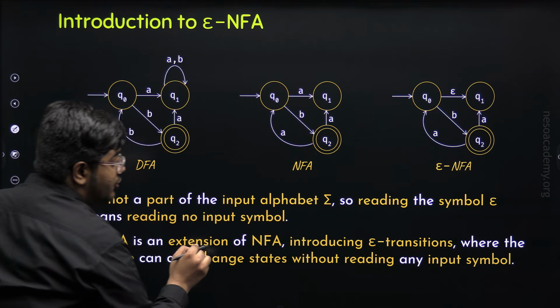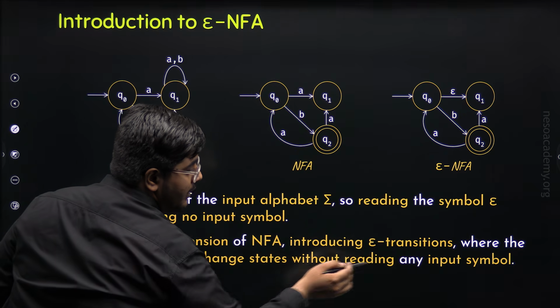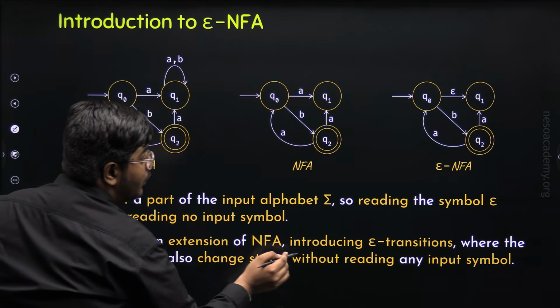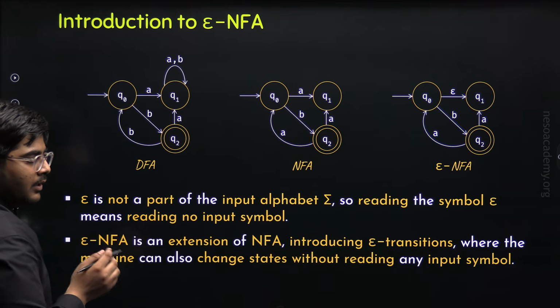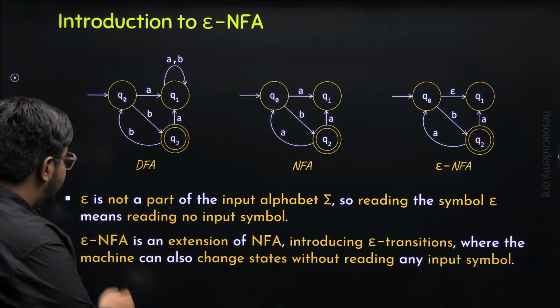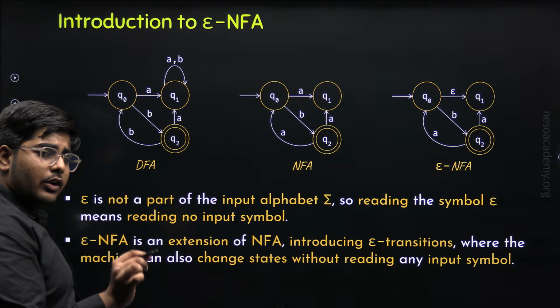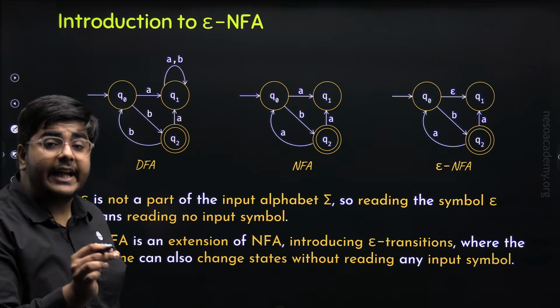Epsilon-NFA is an extension of NFA, introducing epsilon transitions, where the machine can also change states without reading any input symbol. What does that mean? It simply means that epsilon-NFA is an extension of NFA. I already told you, epsilon-NFA is a special type of NFA.